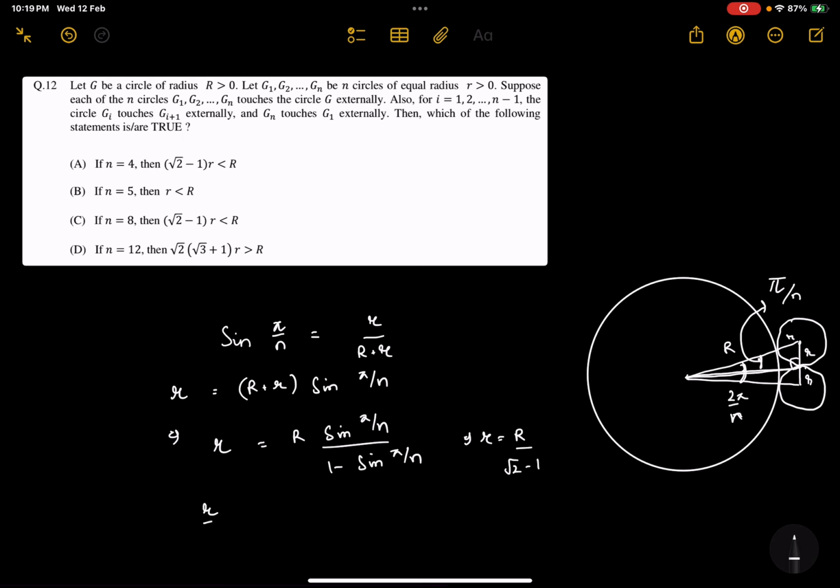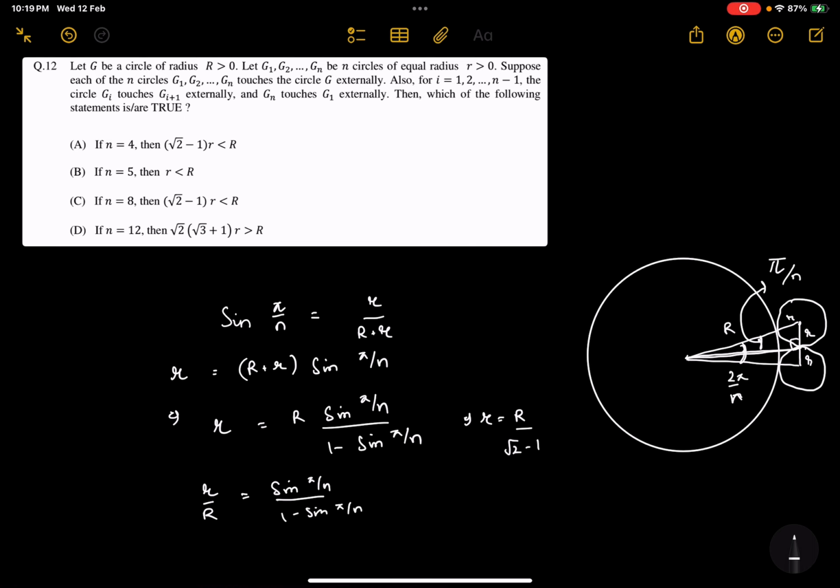Also we have r upon R equals sine pi by n upon 1 minus sine pi by n. So when n is 1, this is 0. At n equals 2, this is infinity. After n equals 2, this thing will decrease. As n goes to infinity, this will go to 0.